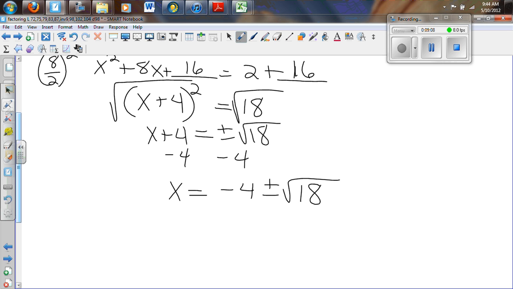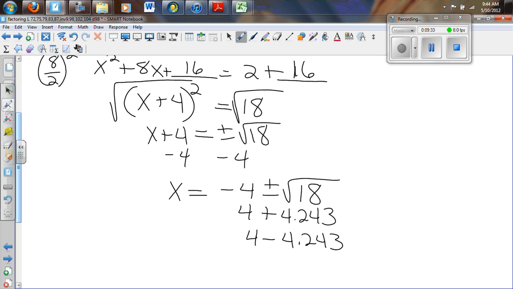If I wanted to actually solve this, I would have to take the square root of 18, which is 4.243. And so I would do negative 4 plus 4.243 and negative 4 minus 4.243.